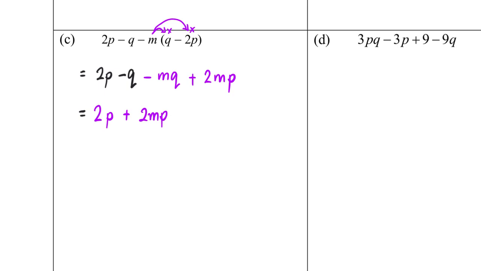Then because my m is at the second part, I will have my minus q and minus mq down there. Then from here I could apply the factorization by grouping already.